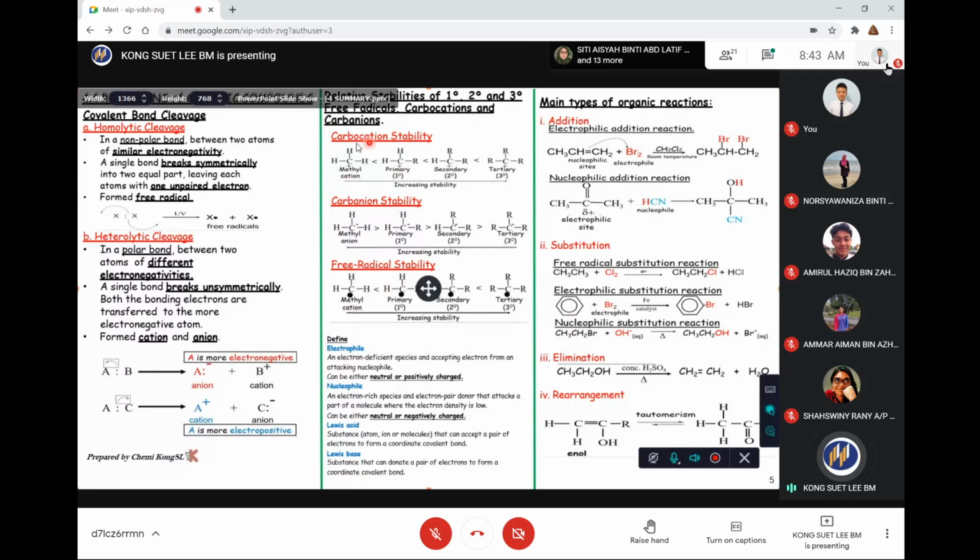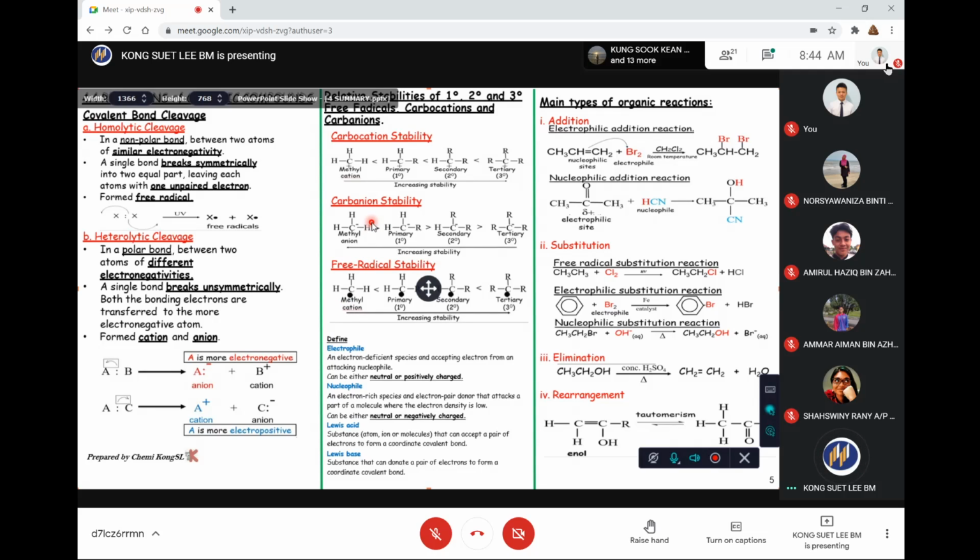When the class of the carbocation or the free radical increases, it will be more stable. So for example, a tertiary carbocation or tertiary free radical is more stable compared to a methyl cation or methyl free radical. But right here I have to label it as methyl free radical, not methyl cation.